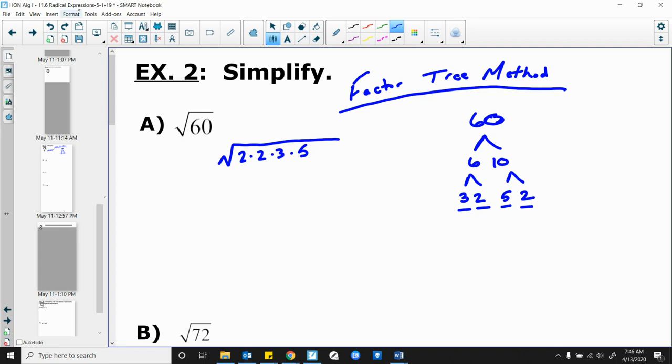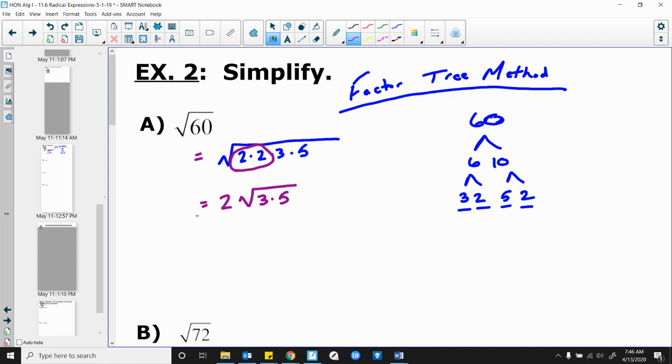And here's how we finish this up now. We want to look for pairs. And we have a pair right here of 2. If they have a pair, if you recall, we can bring that outside, and they become 1 when they go outside. So if it's a pair of 2s, only a 2 would make it outside, and we'd have what's left inside.